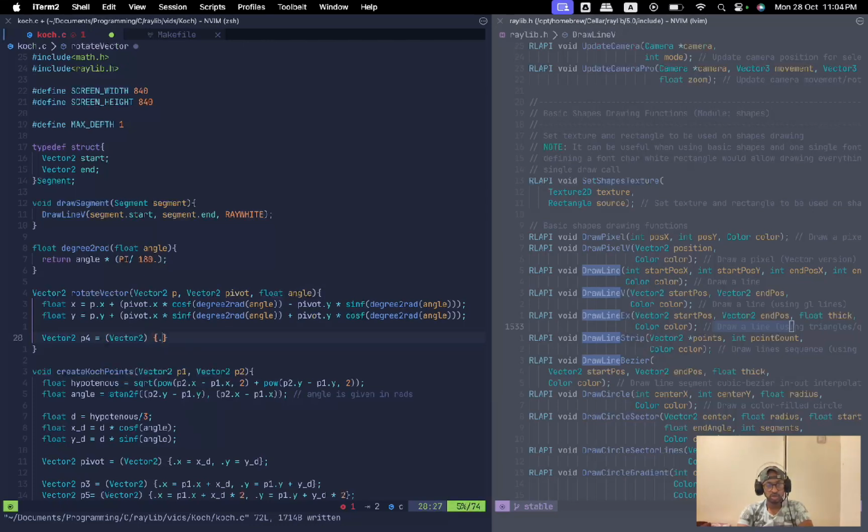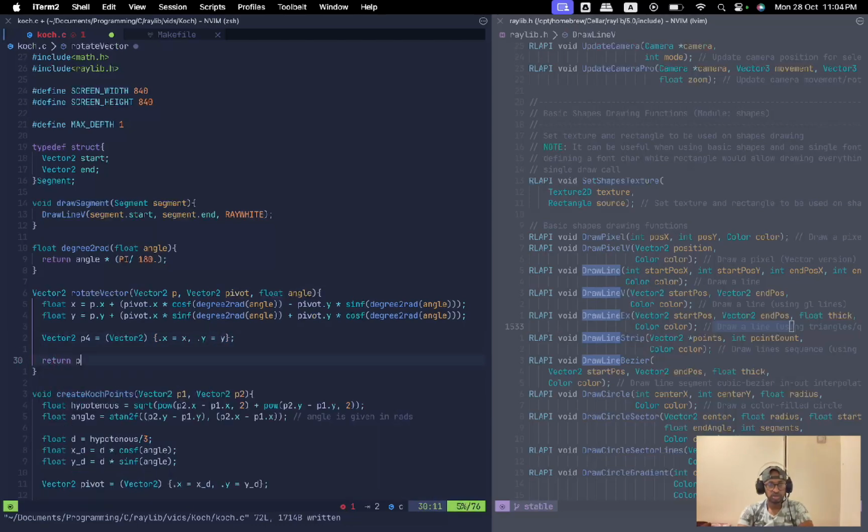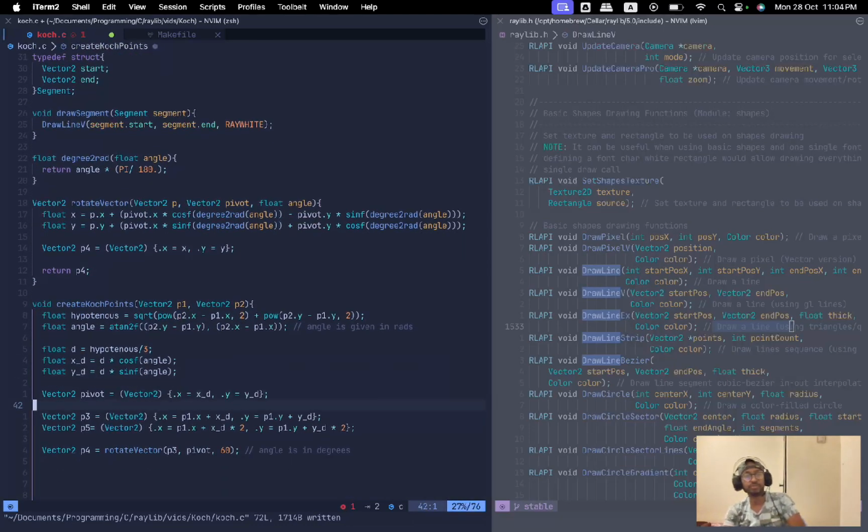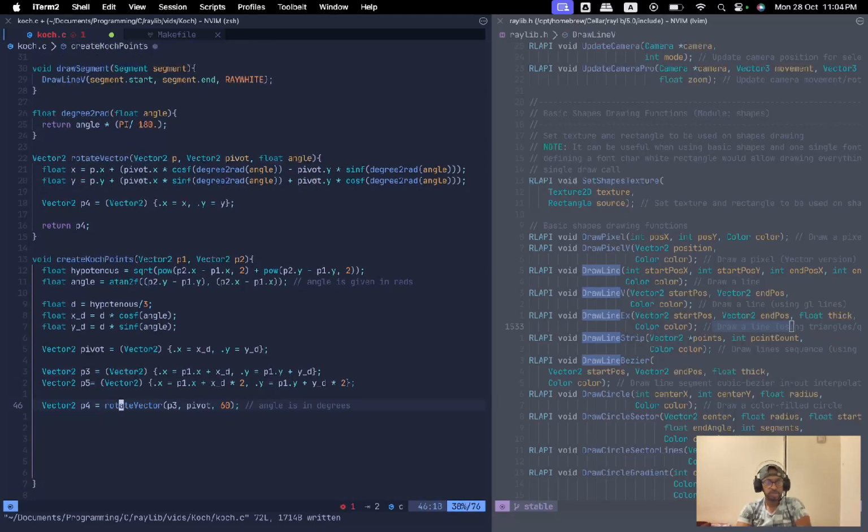So now the .x will be x and the .y will be y. And let's return p4. So now p4 will be pivot rotated by 60 degrees and added to P3. That means the origin will be P3. In images, usually the origin is in the top left corner, so we need to rotate it by negative 60 degrees here.